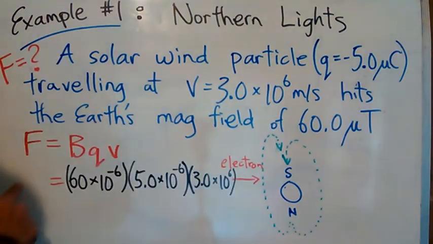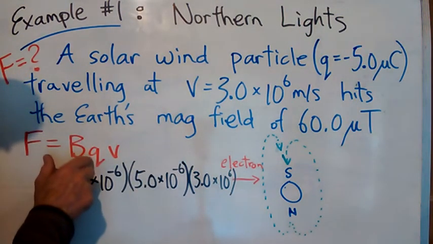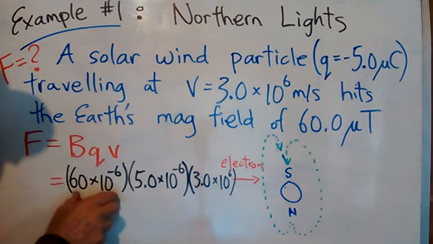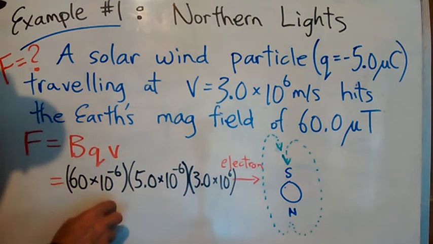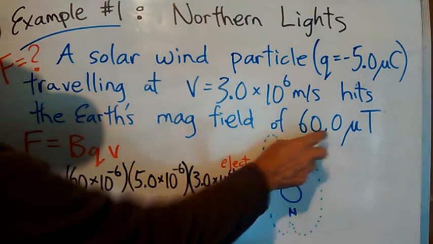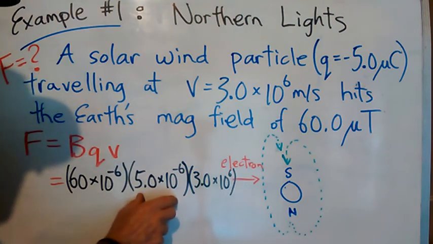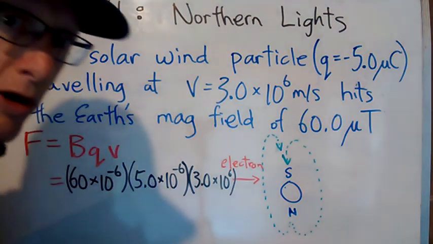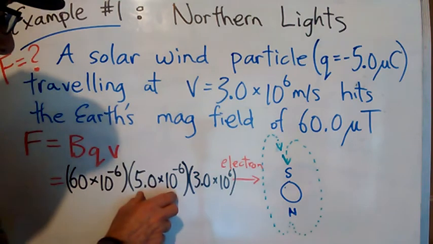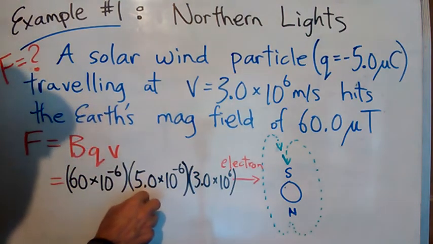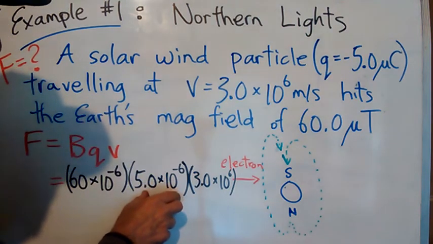Solving for the force, you just put it into the equation, B times Q times V, and the B of Earth was 60 times 10 to the minus 6 teslas. And yeah, same Tesla. In fact, they named the car after Nikola Tesla. And times the Q, the charge of the particle coming in.